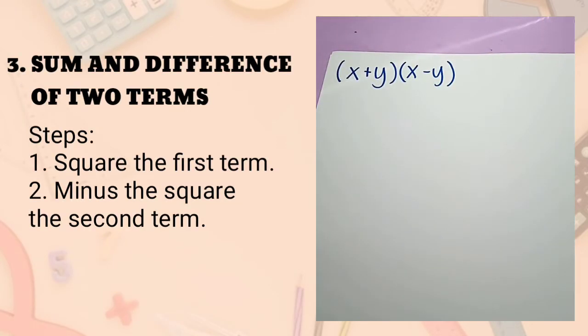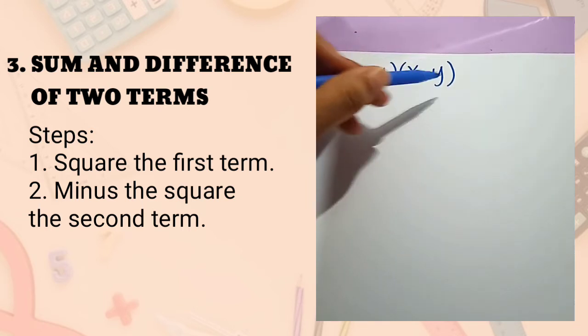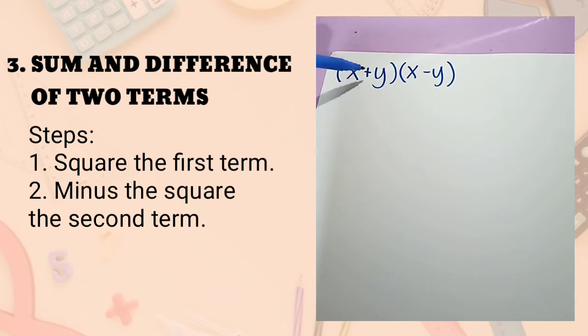Let's proceed on the sum and difference of two terms or tinatawag ding product of two binomials. Okay. So, ang palatandaan in solving sum and difference of two terms ay may makikita kayong magkaibang operation sa dalawang binomials. Okay, isang plus at isang minus. At also, kailangan magkaparehas yung kanilang variable.